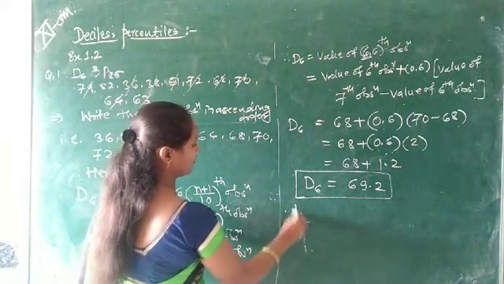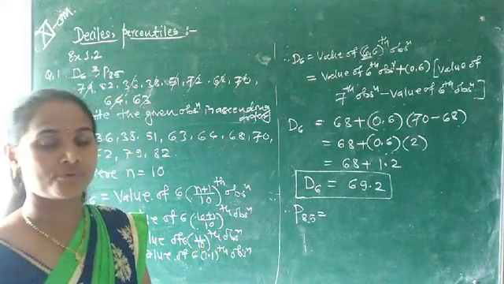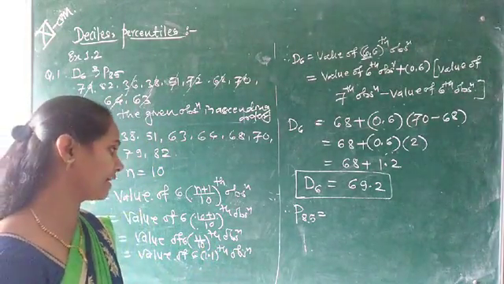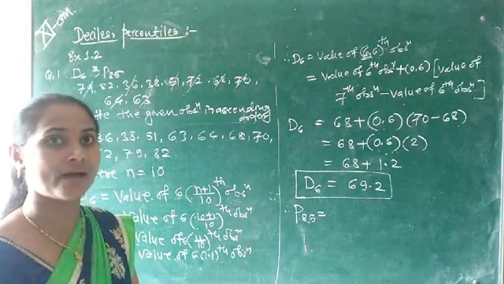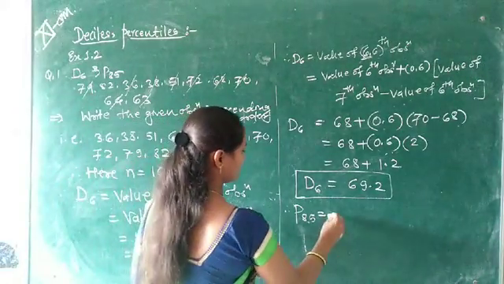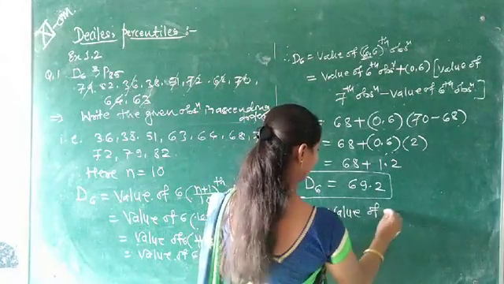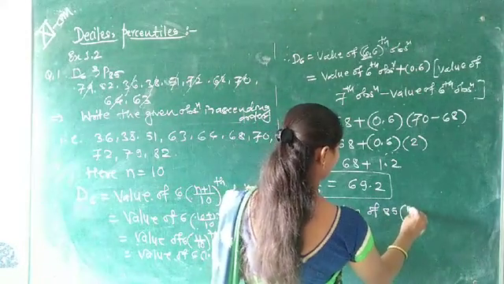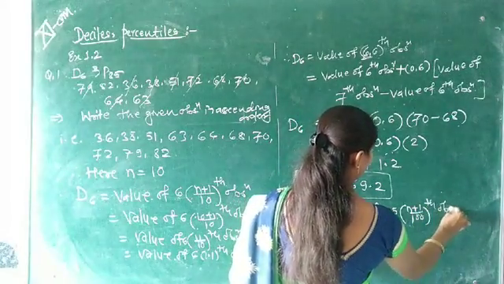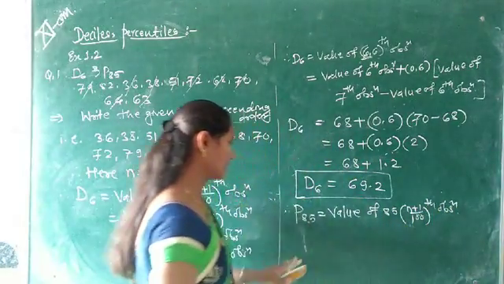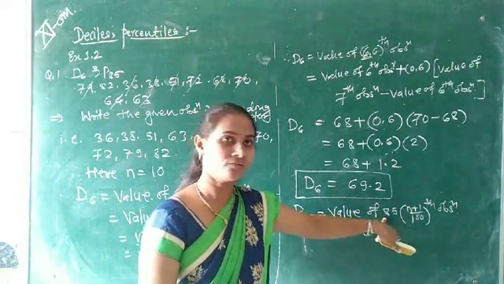Now, next we have to find P85. Again, write the formula for P85, which is a percentile. To find deciles you divide by 10, to find percentiles you divide by 100, and for quartiles you divide by 4. Don't forget this. Now, value of 85 into n plus 1 upon 100th observation. Here the value of i is 85.